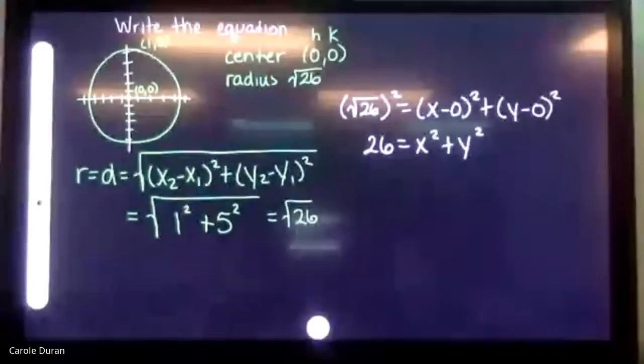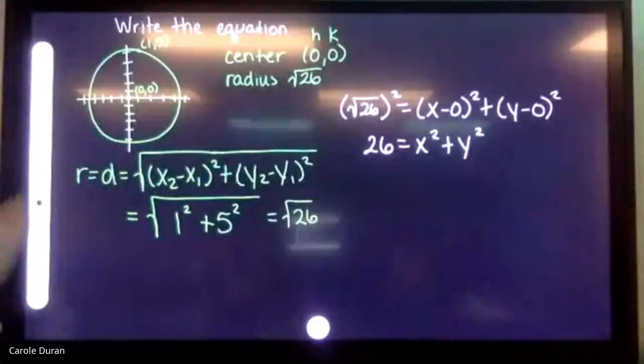Okay, so now we are going to change tactics a little bit. We're not going to give you a graph. Instead, we're going to give you some points on the circle.